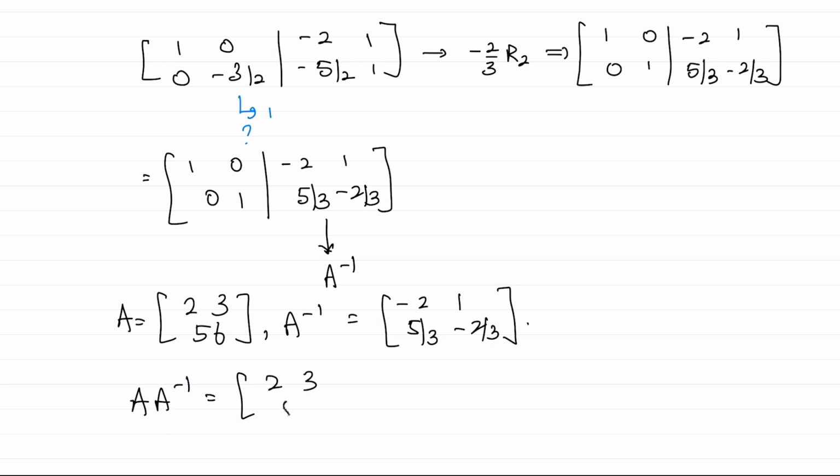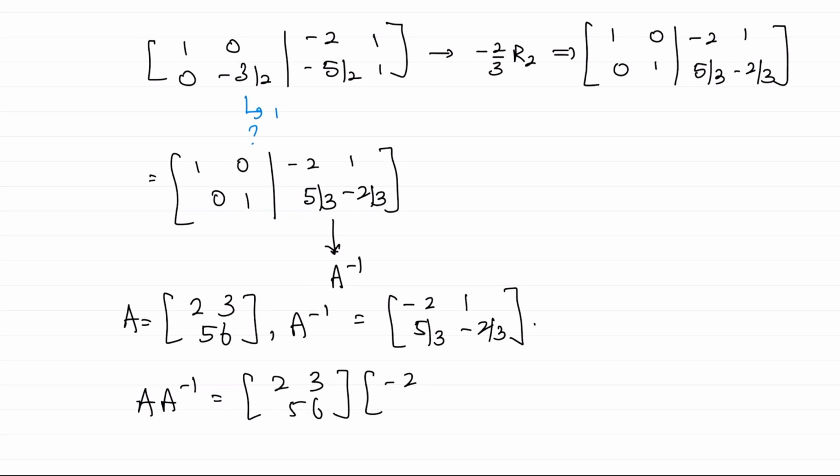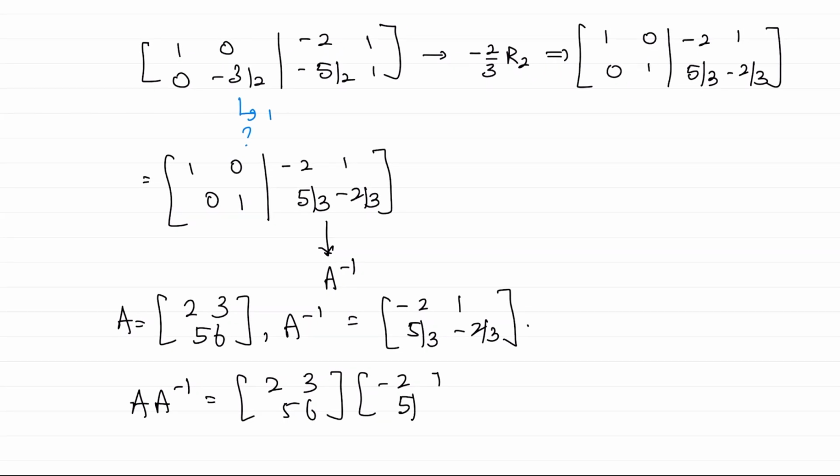It will be 2, 3, 5, 6 times minus 2, 1, 5 by 3, minus 2 by 3. This is equal to minus 4 plus 5, minus 10 plus 10, plus 2 minus 2, plus 5 minus 4.